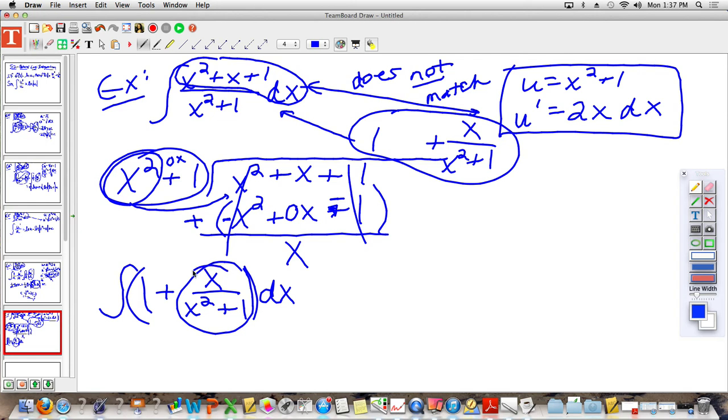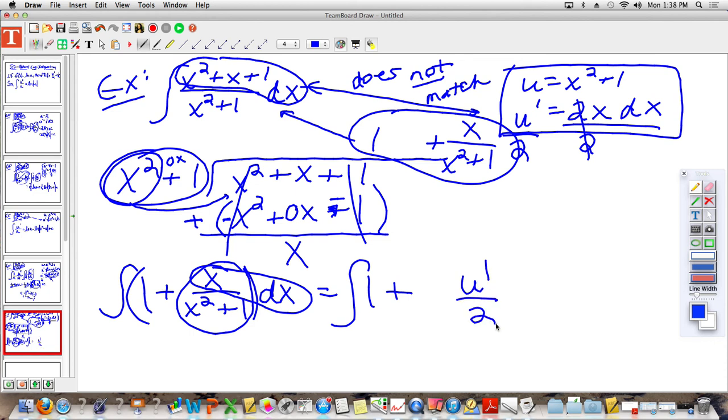I have an x dx. Over here I don't have x dx, I have 2x dx, so what do I need to do? Divide by 2. We divide by 2. So divide this by 2, divide that by 2. So this really means the integral of 1 plus x dx really means u prime over 2.